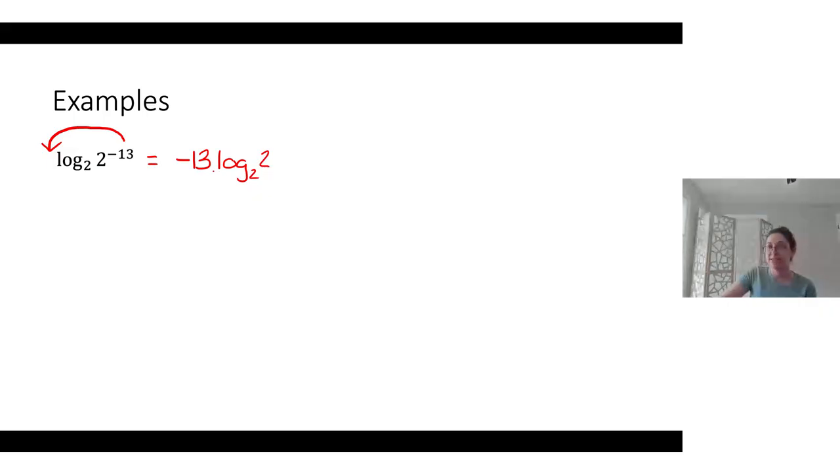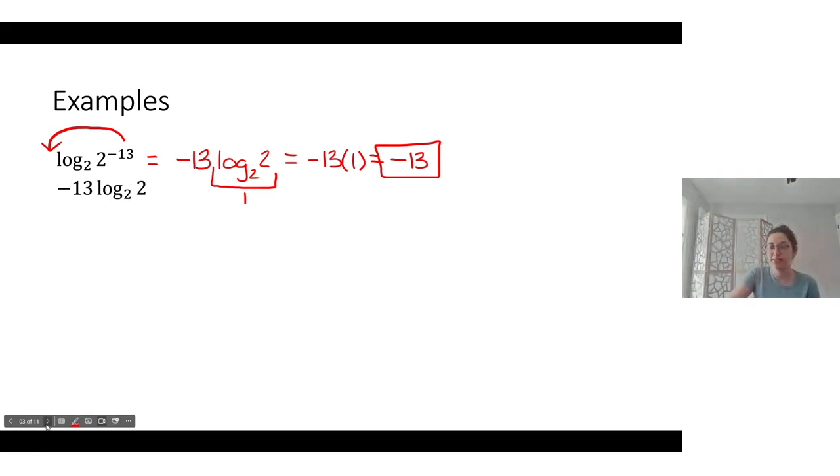Now we already said before that when the base of a logarithm matches what's inside the logarithm, that is equal to 1. So this is negative 13 times 1, which is just negative 13. So we use our properties and we simplify the logarithm.